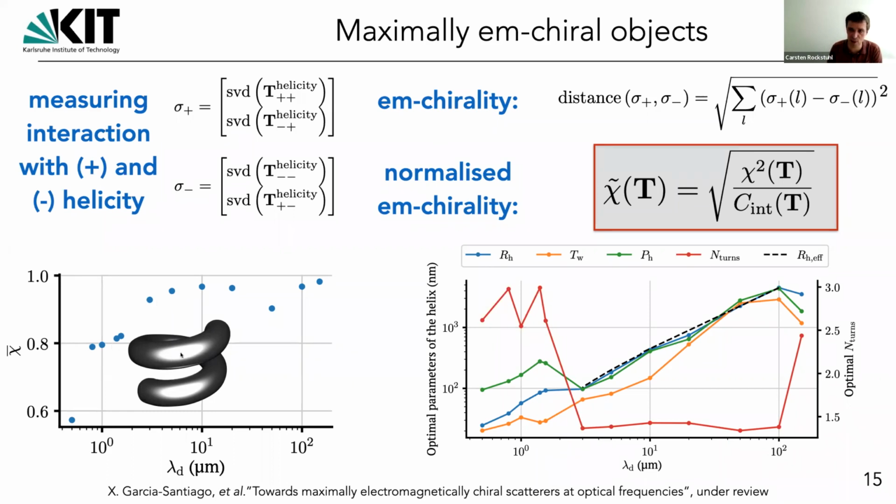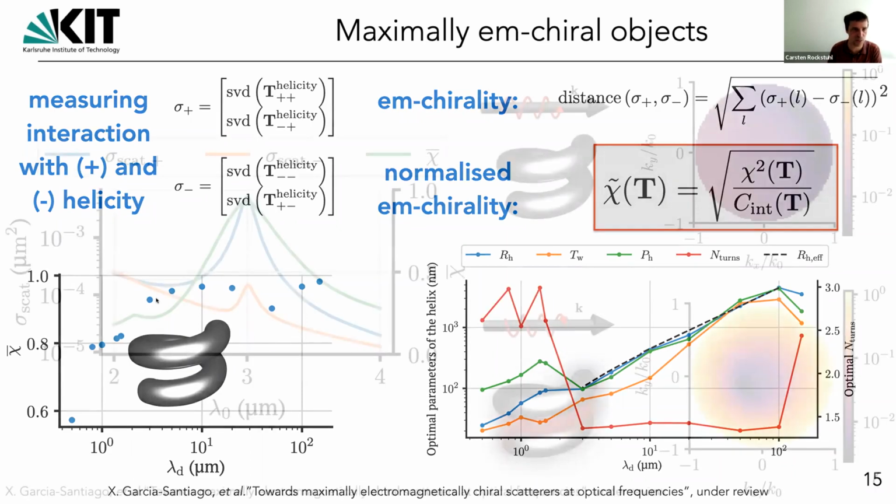This is made out of silver, which loses its plasmonic properties towards the visible part of the spectrum, leading to a degradation of the normalized electromagnetic chirality. But down to a wavelength of 2 or 3 micrometers, we can see very large values of the electromagnetic chirality, which made us quite happy to see.